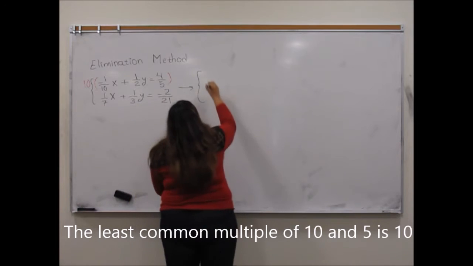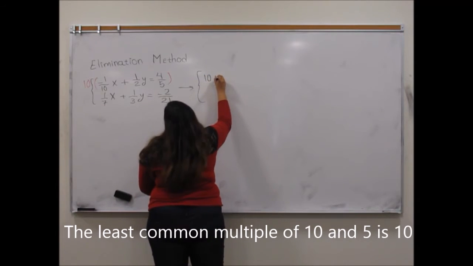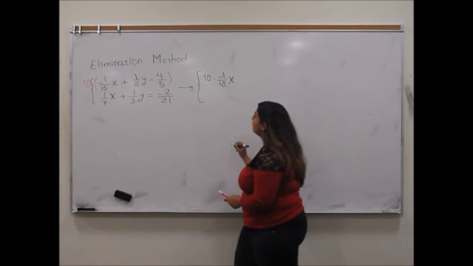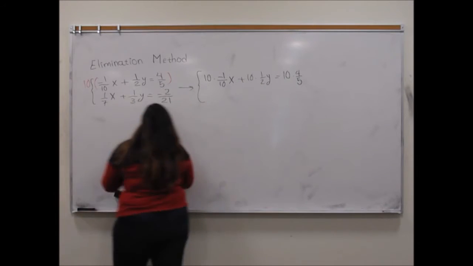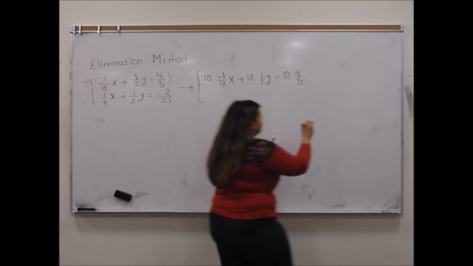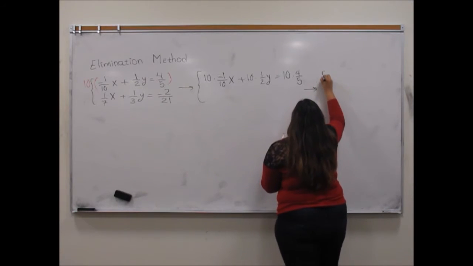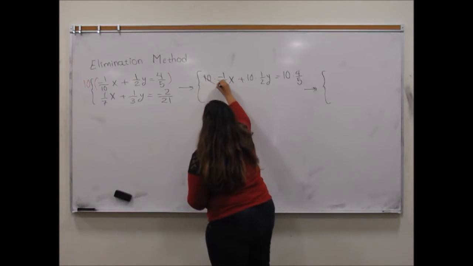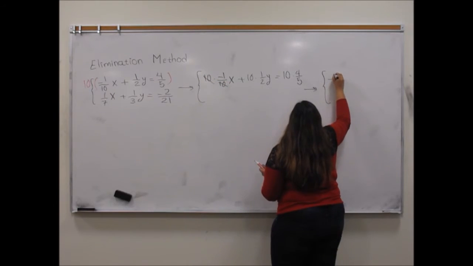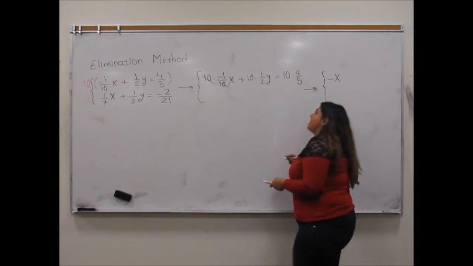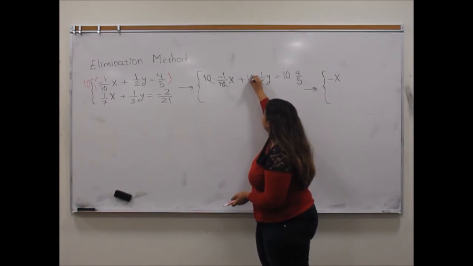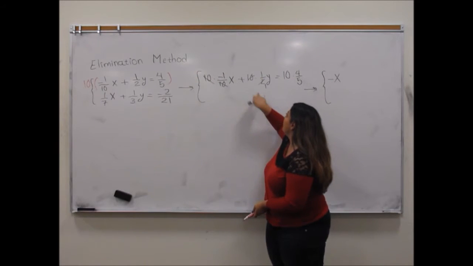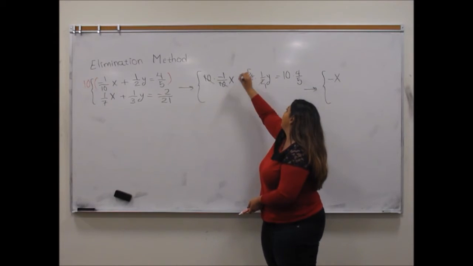So I have 10 times negative 1/10 x plus 10. So let's try to simplify it. 10 and 10 will cancel each other out, so I'm left with a negative x. 10 and 2 will go to 2: 2 goes one time, and 10 goes 5 times.